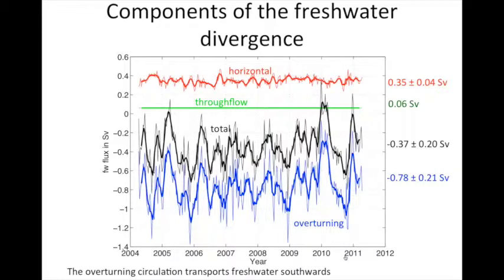The final component is the through flow, which is because this is a divergence. It's a change in the flow associated with a change in the section average salinity. So this reflects the fact that the flow through Bering Strait is fresher than that going through 26 North.